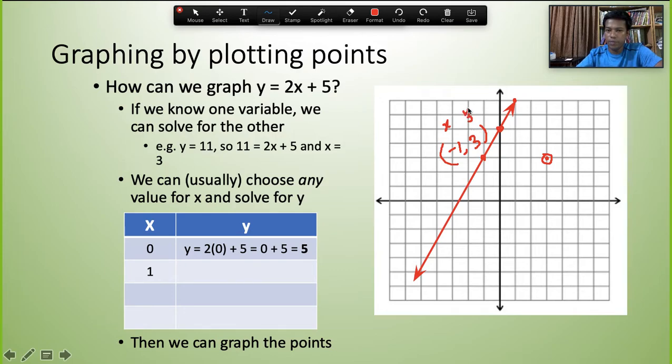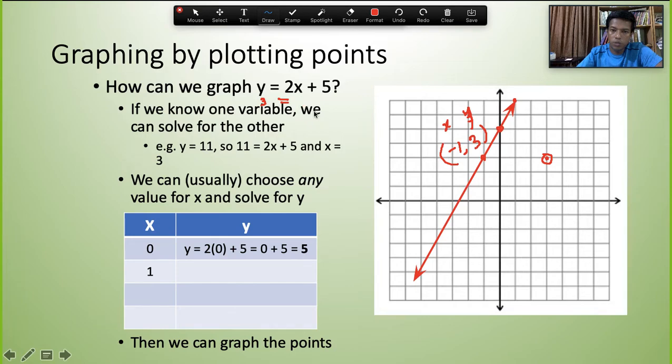It means that if you put x value minus 1 in this equation, your answer will be y equals 3. In other words, if you put these two values in the equation, your left and right hand side will be the same. See, 3 is the y value, so you write 3 here.